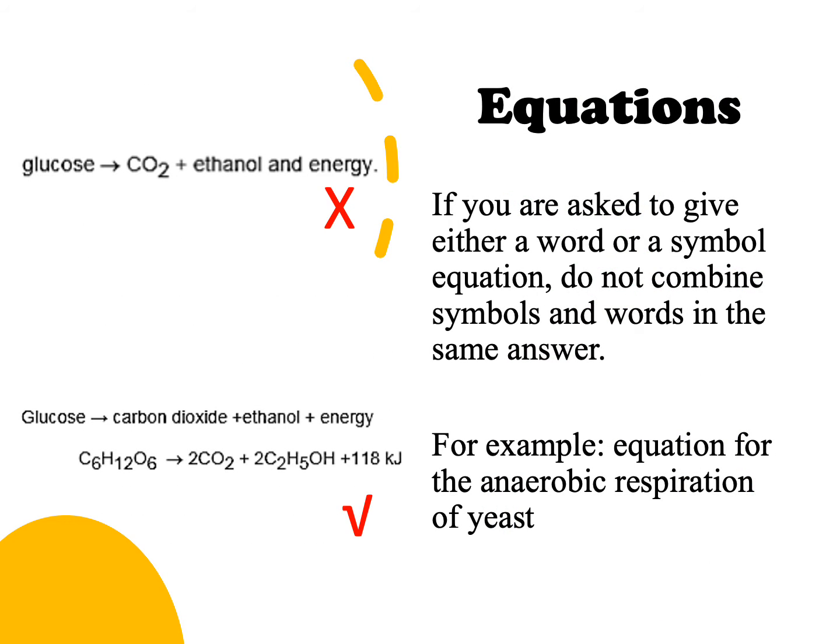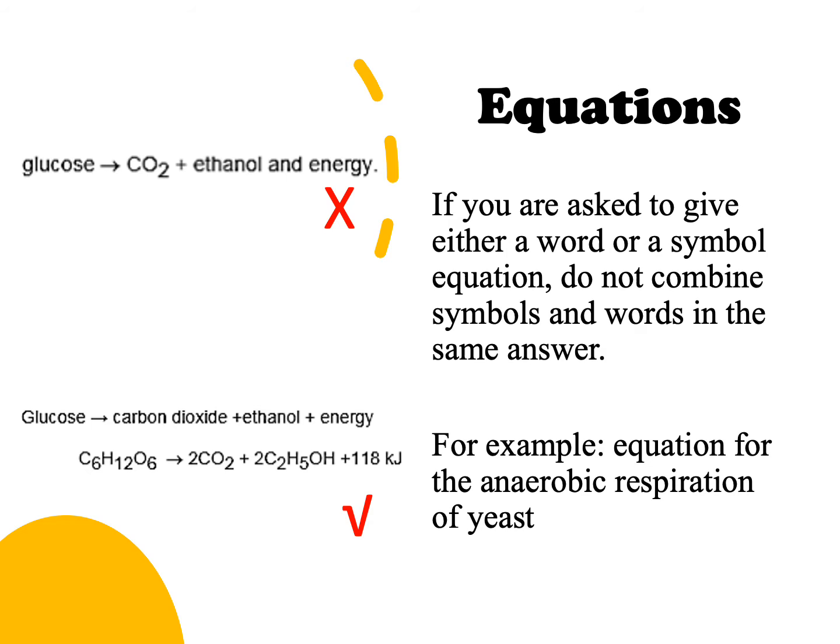When the question requires you to write an equation, remember to read the question clearly, whether you are asked to give either a word equation or a symbol equation. Remember, do not combine symbol equation and word equation within the same answer.